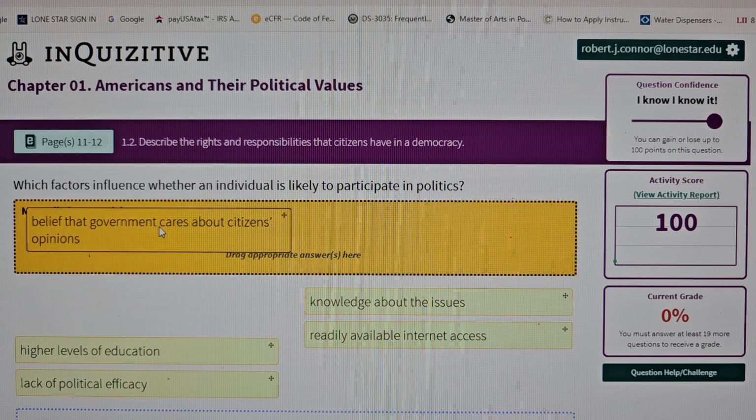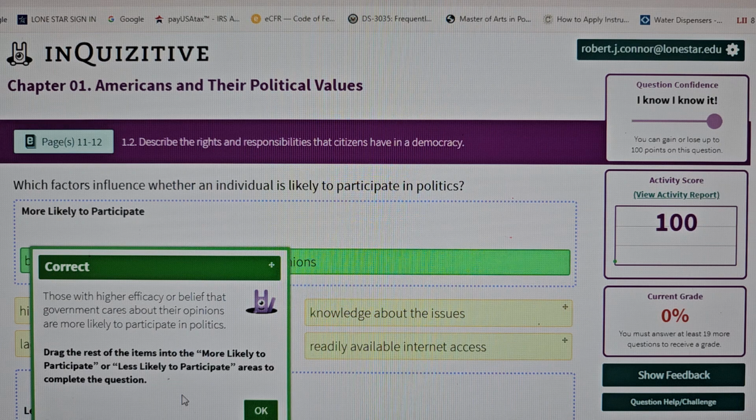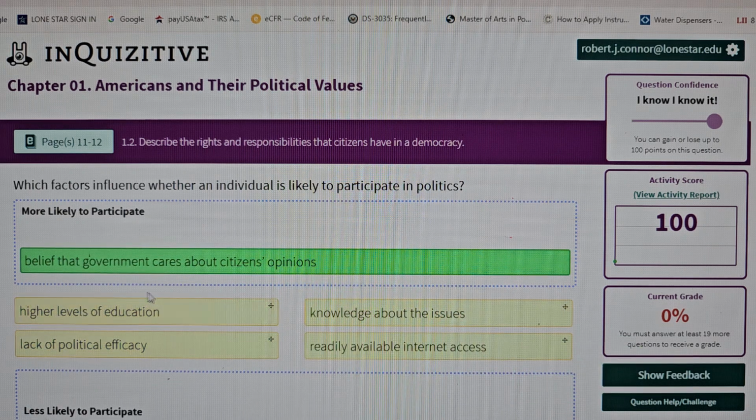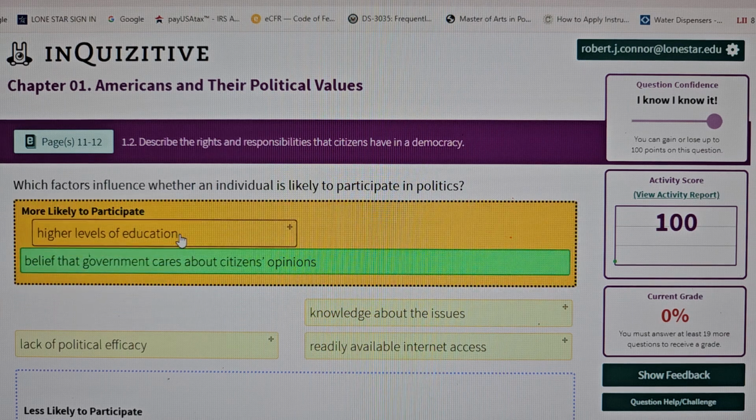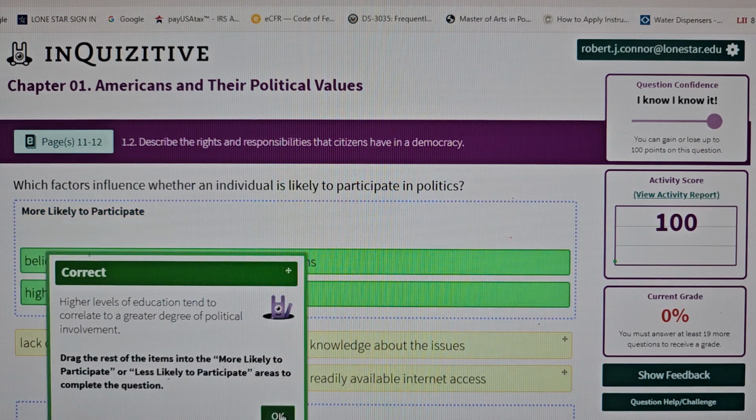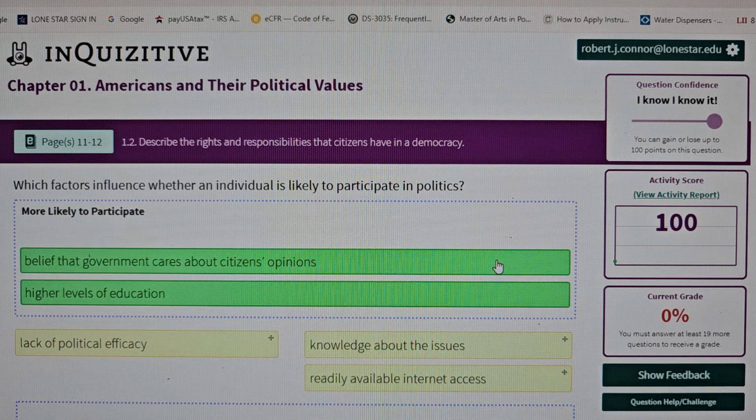Okay, I think it causes them to be more likely to participate in politics if they believe that government cares about citizens' opinions. Okay, also higher levels of education. If you're well educated, you're more likely to participate in politics, in elections, because you believe that elections are important. So this one goes. Okay.